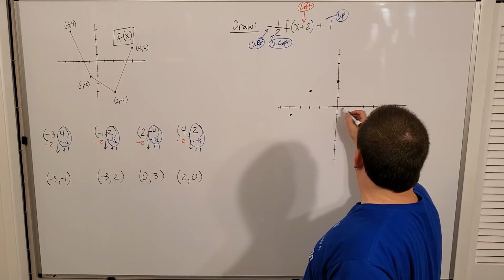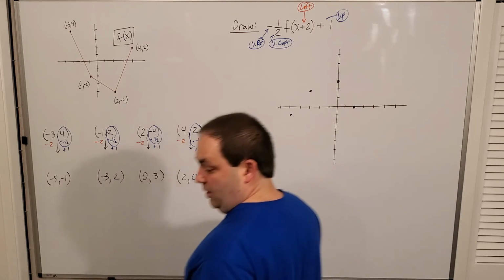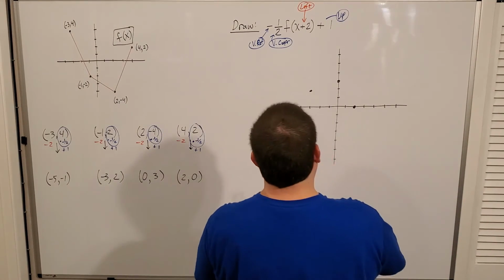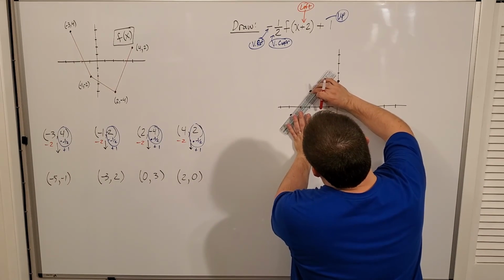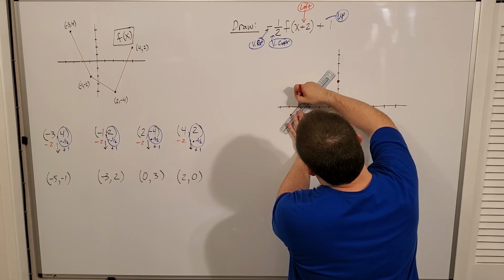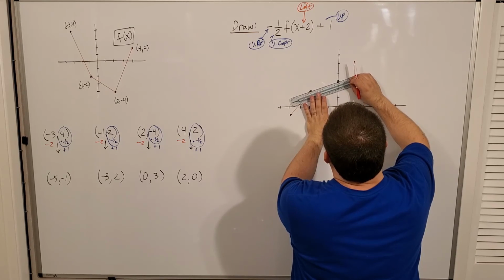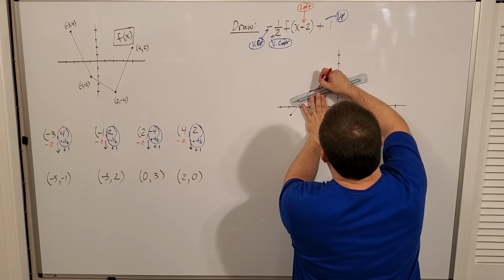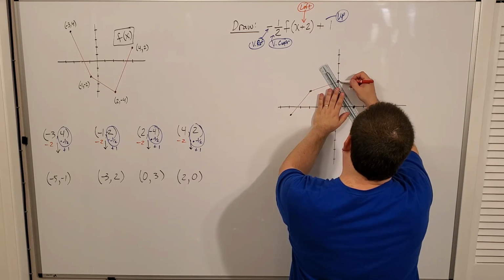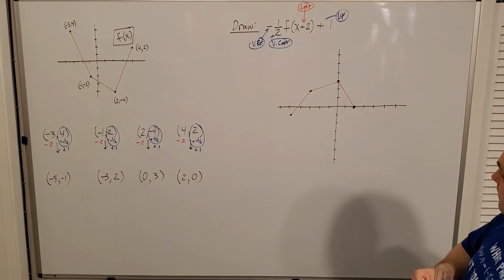And then 2, 0 is here. Now, since there were straight lines before, they should still be, just somewhat shrunken because of the vertical compression. So I'm just going to connect the dots in order. Like so. Okay?